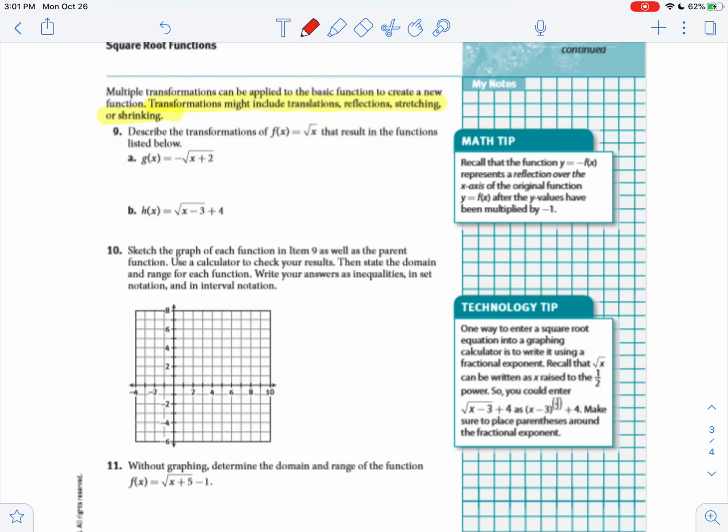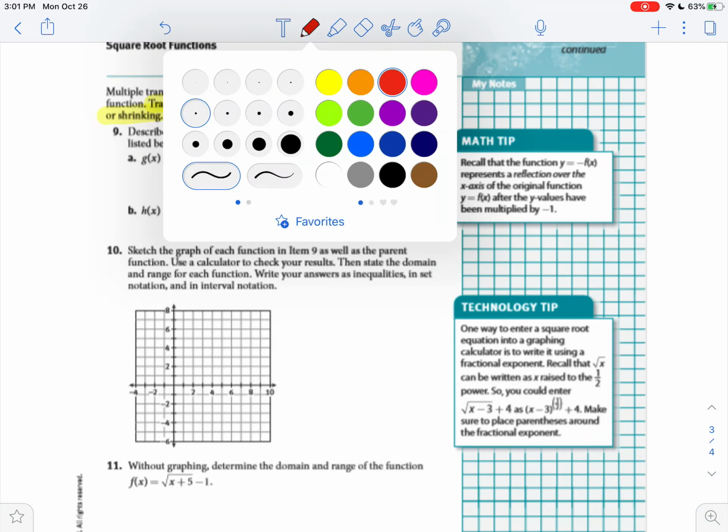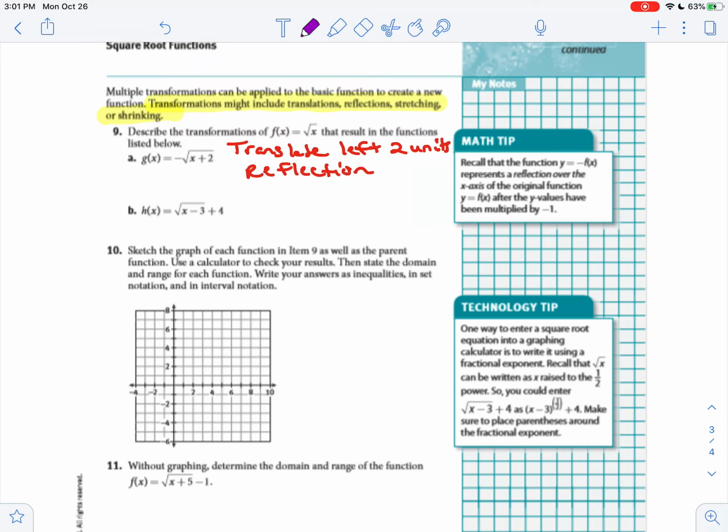So for our g of x, we have 2 transformations happening. Inside the radical, we have x plus 2, so we're going to see a translation left 2 units. Then we're also going to have a reflection.